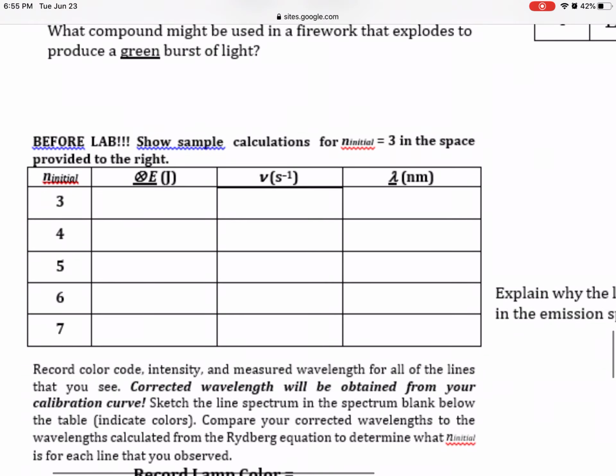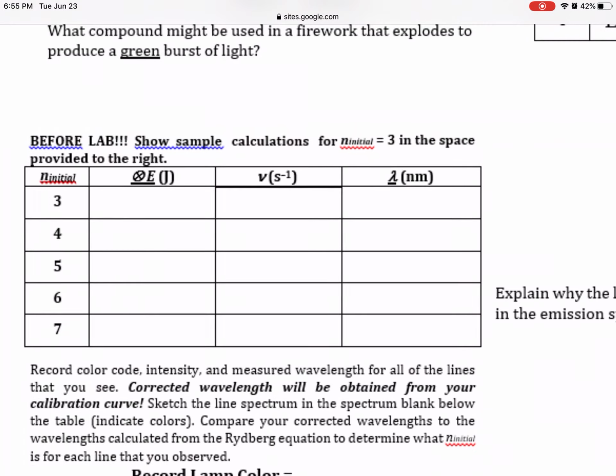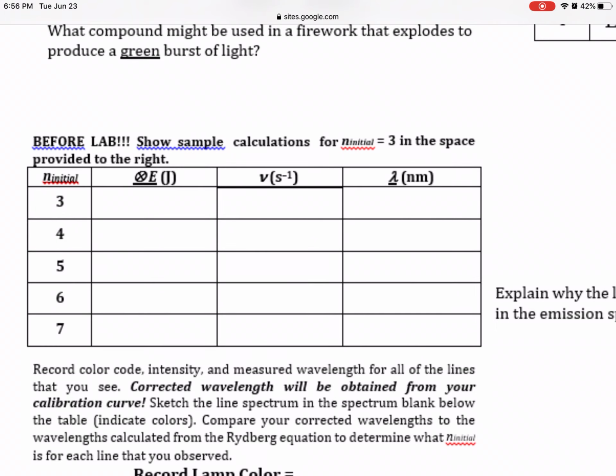So this is for the hydrogen spectrum. Now for the hydrogen spectrum, remember I showed you the lines coming from n equals 3 to 2, 4 to 2, 5 to 2, 6 to 2, 7 to 2, like that.